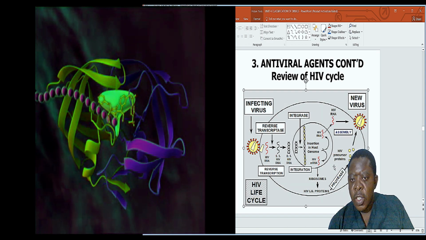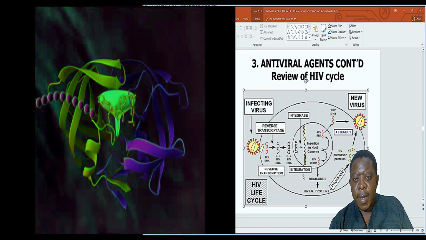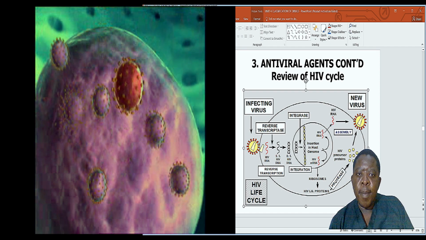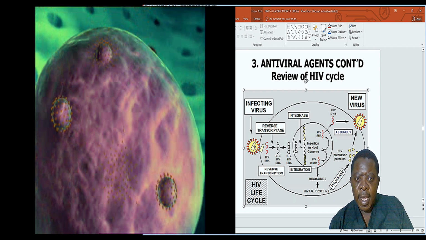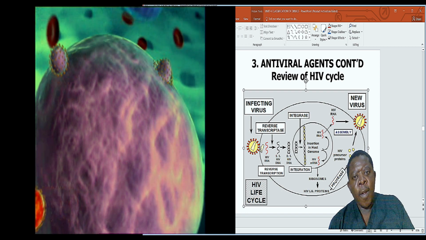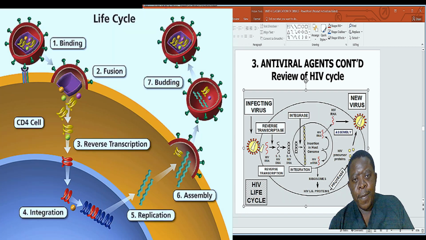So when we are trying to block this in pharmacology, we bring in some inhibitors here to stop fusion or to stop attachment. Or if the virus has entered, we can use nucleoside reverse transcriptase inhibitors. So nucleoside is a material that is needed for DNA.